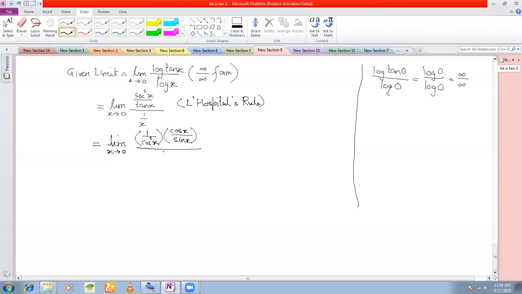Okay, and here you get 1 by x. Simplify this. So 1 cos cancels from here and x comes up and you get x by sin x cos x.